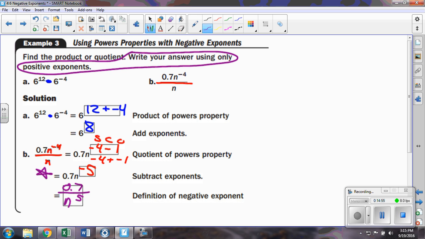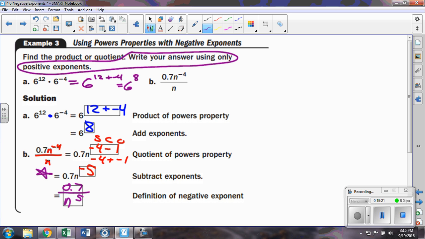When you actually write these pieces out with your homework, you'll wind up taking something just like this. 6 to the 12th times 6 to the negative 4. That's 6 to the 12 plus a negative 4, that's 6 to the 8. And we're done.